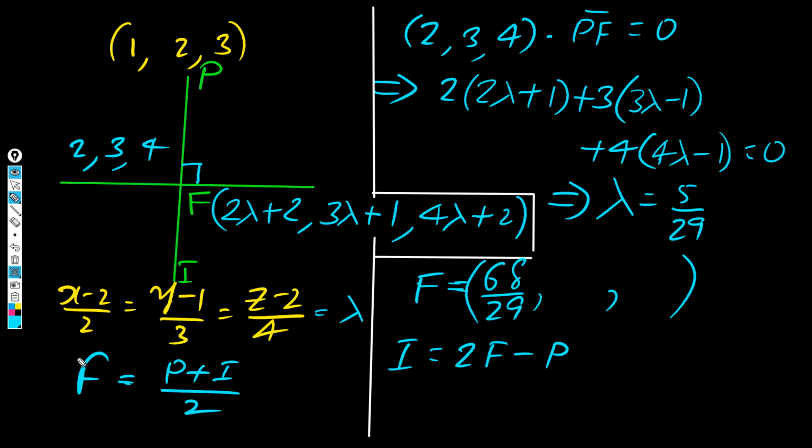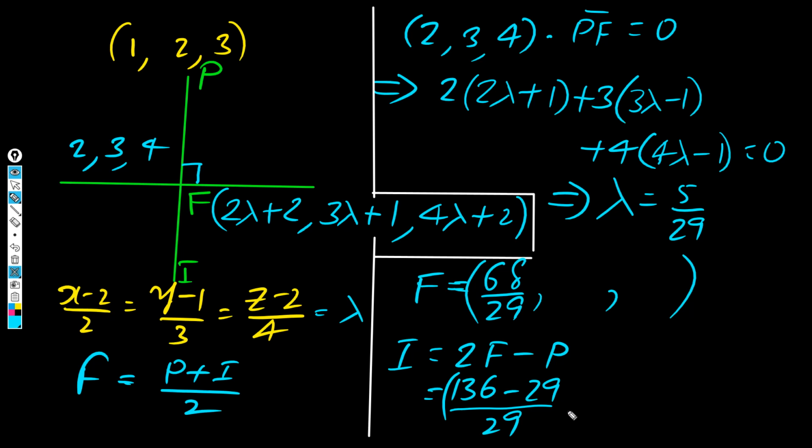So twice of F minus P gives you I. Twice of F is double of this, 68 into 2, which is 136, minus P, minus 1, that is minus 29, divided by 29.